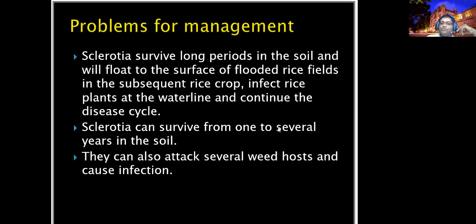Also, I already told you this fungus is a polyphagous fungus. Therefore the removal of weeds is important. If any plant or weed is there, this fungus can survive as mycelia or as sclerotia. Then when the main crop is cultivated, it can easily initiate infections. Therefore these things make managing this disease very problematic.